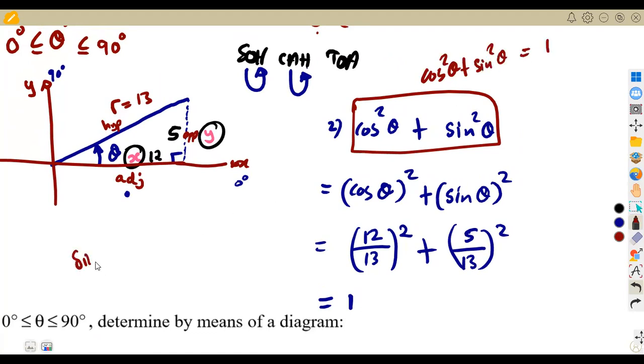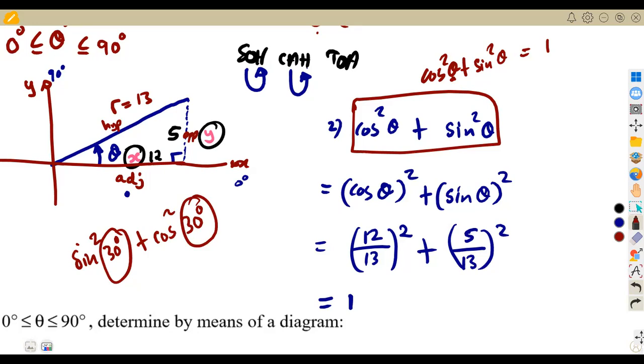Whether it is sine squared 30 degrees plus cos squared 30 degrees, you are going to get a 1 as long as you are given the same angle, this theta. Remember, cos squared 30 means cos 30 squared. You're going to square the whole of the cos part.